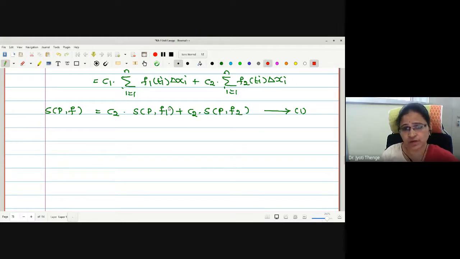But what is given? These two functions are integrable. What is the meaning of functions being integrable? The modulus of the difference between the Riemann sum and the integration is less than epsilon. That is the definition.